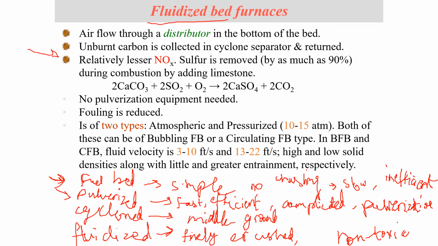And we can see some of the other advantages here as well. One of the very big disadvantages of pulverized is a toxic environment. So this is the summary of our combustion equipment and combustion mechanisms.